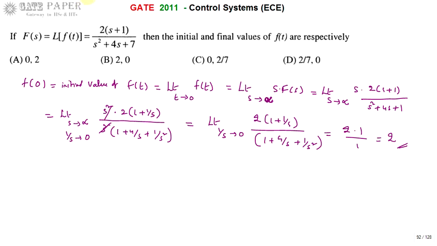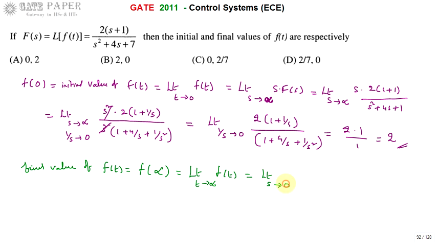Next we are going to calculate the final value of f(t). The final value of f(t) means whenever t approaches infinity. This is f of infinity, the final value, and it can be obtained using the time domain, as t tends to infinity of f(t). Otherwise, you can go for the frequency domain, where time and frequency are reciprocal of each other.